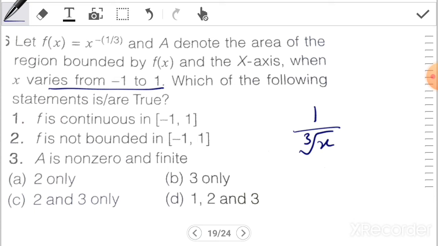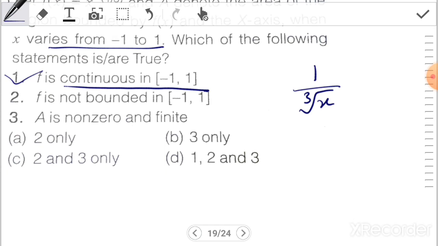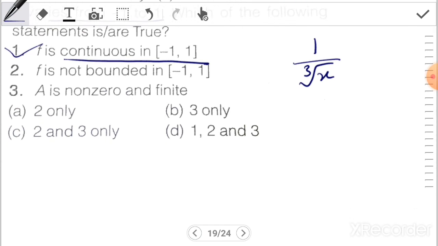So we have to check the continuity. Let us check the first statement. Let us check the continuity at x equal to 0.